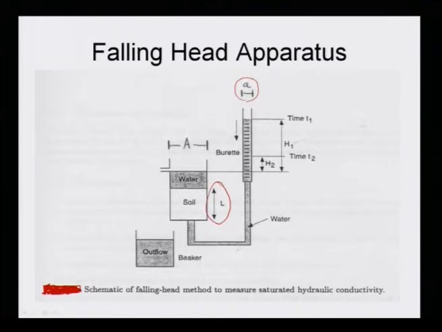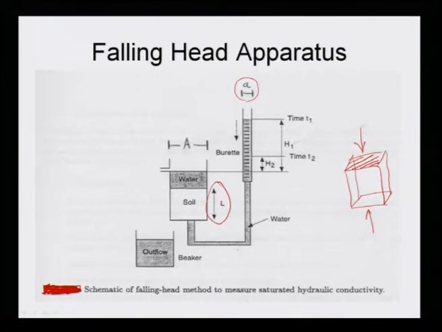L is the length of the soil through which water passes. Now, the area of cross section: if this is my soil sample, water flows through it in this direction. That is the area of cross section through which water passes, so A is the area of cross section.